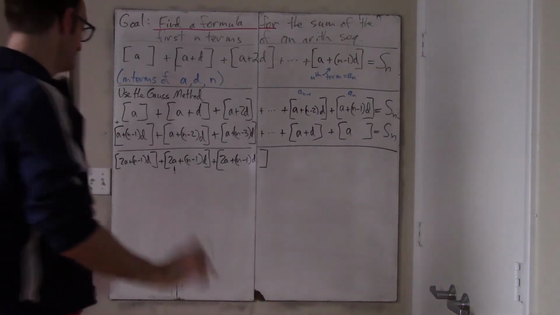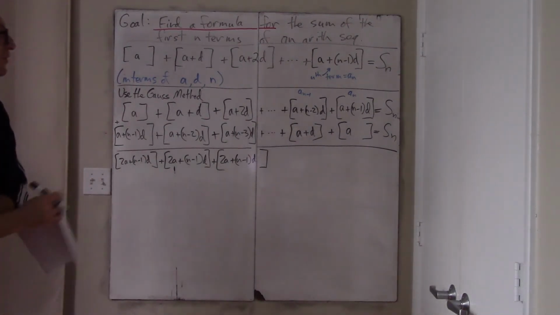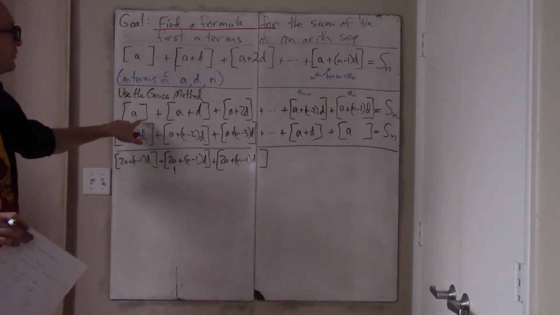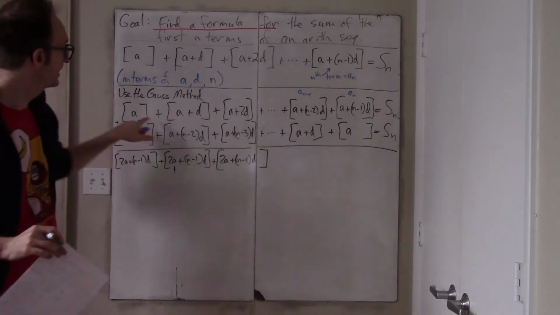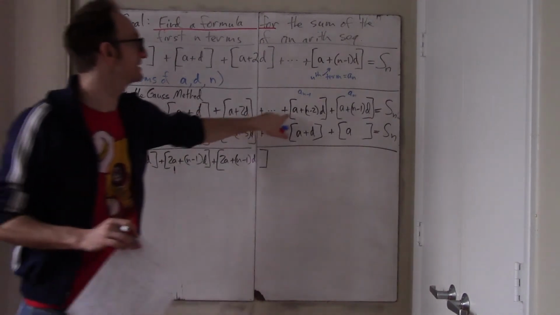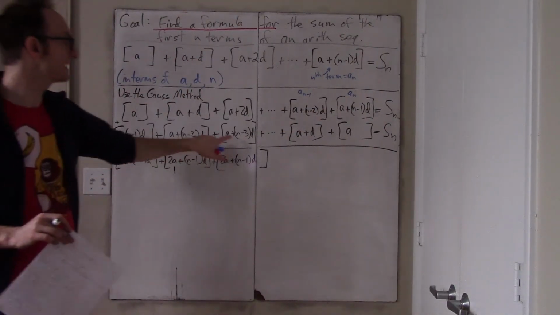Why? Because the logic is the same as before, but now there are a lot more variables going around, so it's more confusing. But as we move along row 1, each time we add d, while in the bottom row we are subtracting d each time.